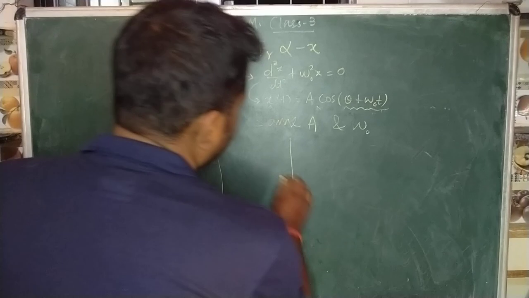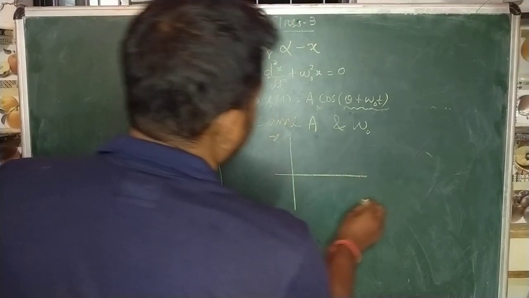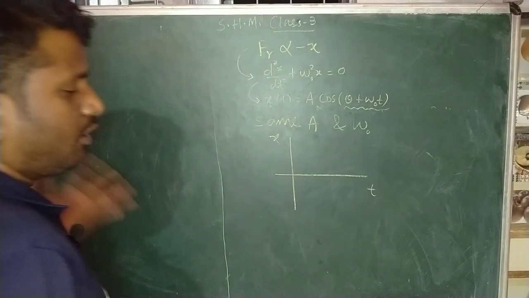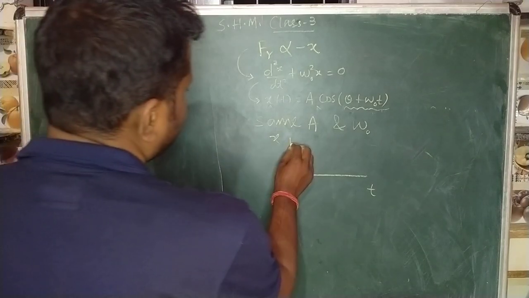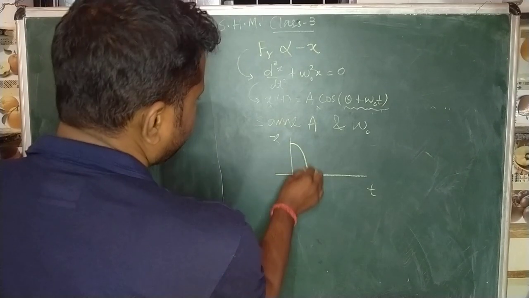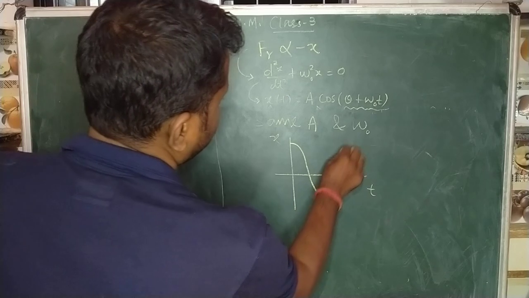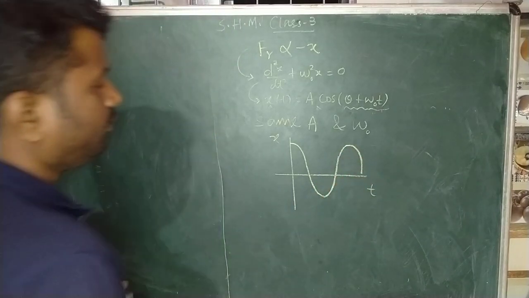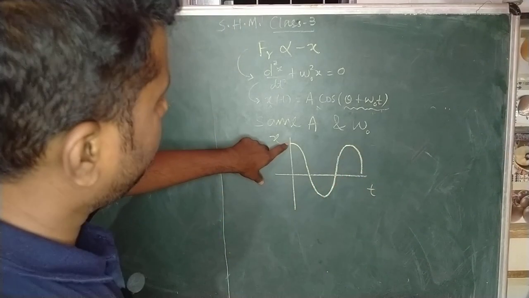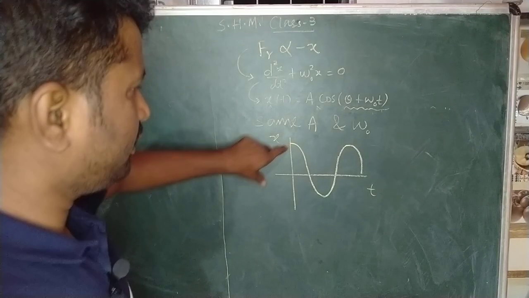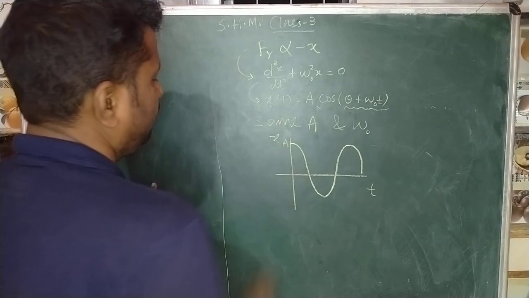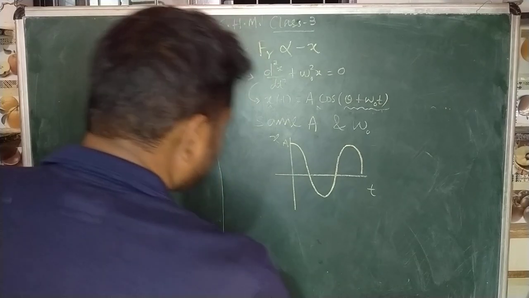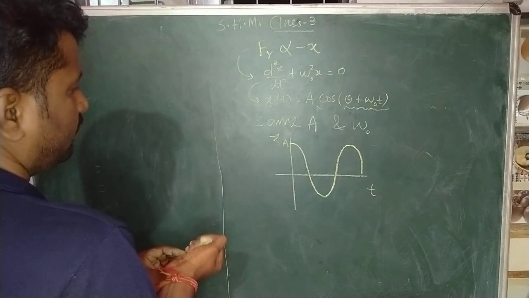So I think you can look at here. Again, this is our x-t graph. One oscillator starts here, having amplitude A. The other one also has the same amplitude A, like this. But look, this is the one extreme side, this is our plus A. But here, just look at the second graph.